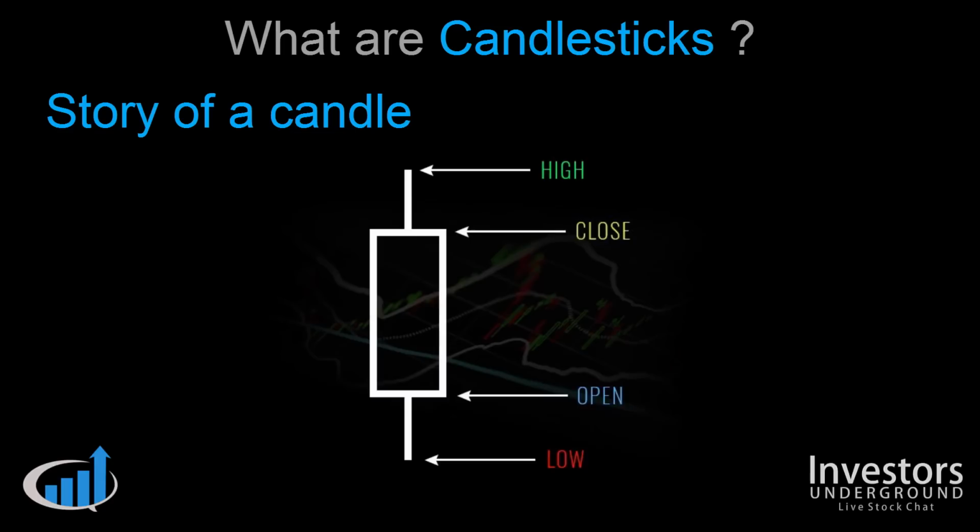When you're looking at a candle, from the very top to the very bottom is the range on any particular time frame. The area which is enclosed is the difference between the open and the close, and the extremities that poke out of the body are called the wicks.